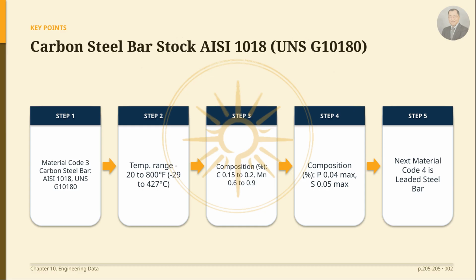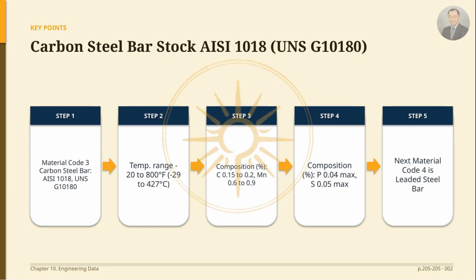Looking at the composition, carbon is between 0.15% and 0.2%, manganese is between 0.6% and 0.9%, phosphorus is a maximum of 0.04%, and sulfur is a maximum of 0.05%. A characteristic of the bar stock specification is that the carbon content is designated as a clear range.